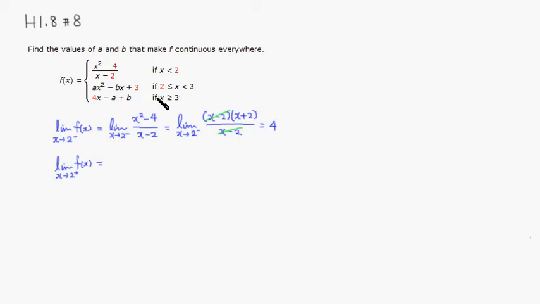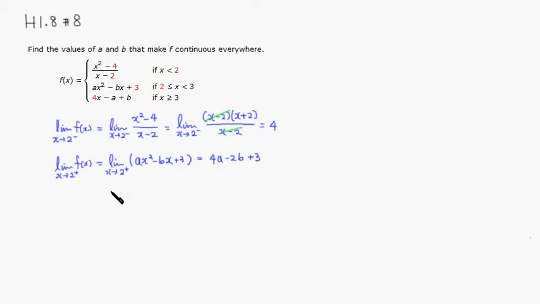But if you are coming from the right, then you have to use the middle formula. So we have the limit as x approaches 2 from the right of the quadratic function ax squared minus bx plus 3. Since it's a polynomial function, we can just plug in 2. 2 squared is 4, so you have 4a minus 2b plus 3.